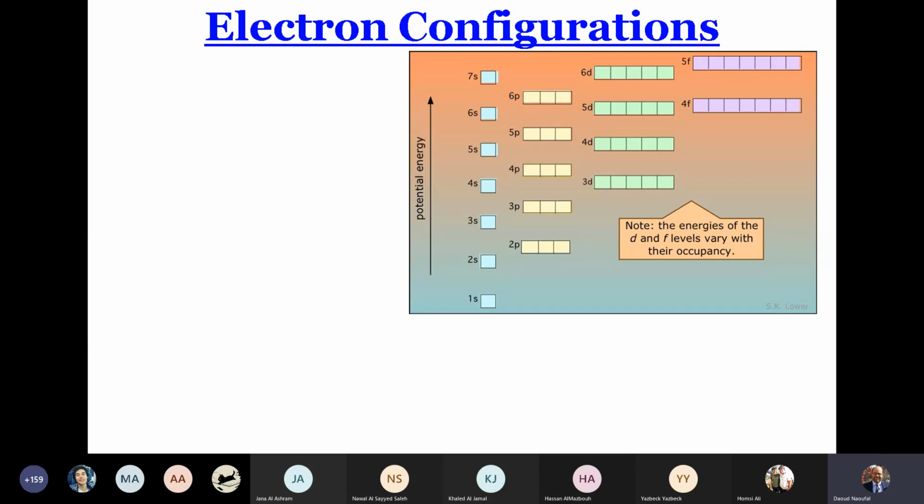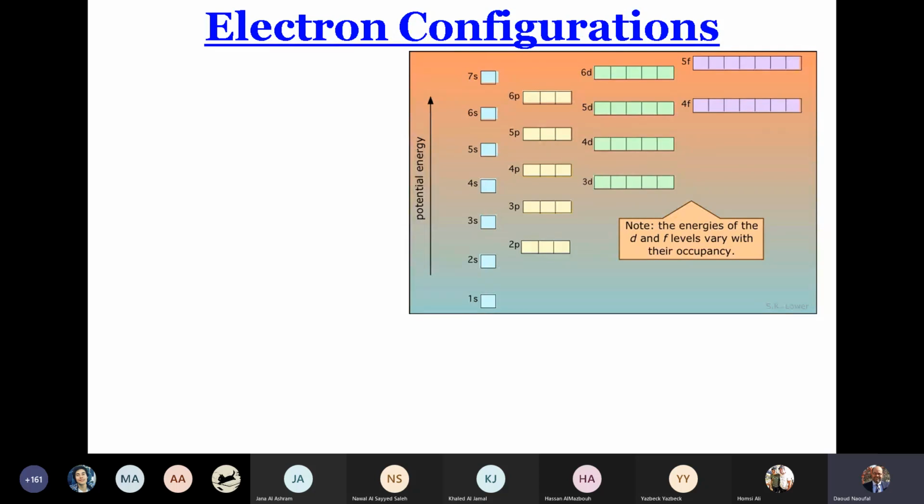We have to pay attention to the meaning of 4s and 3d. 4s in energy is less than 3d, but 4s in distance is more distant from the nucleus than 3d. We have to pay attention to the difference between the energies and the position.